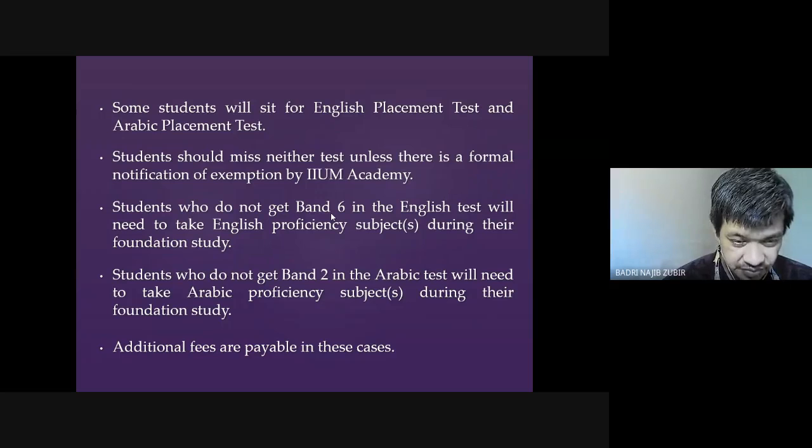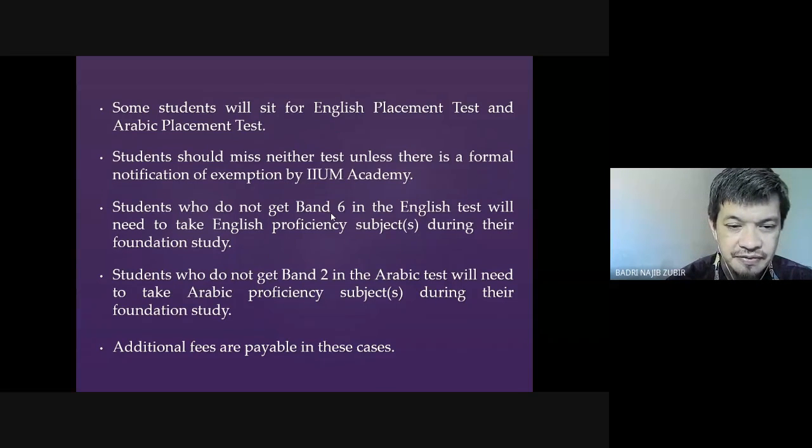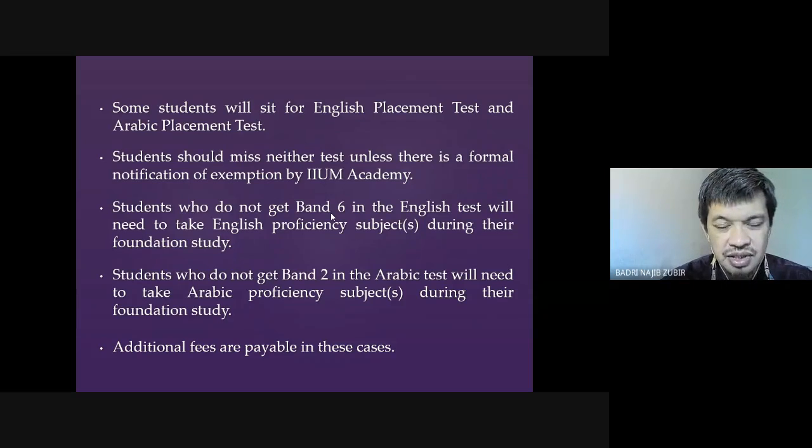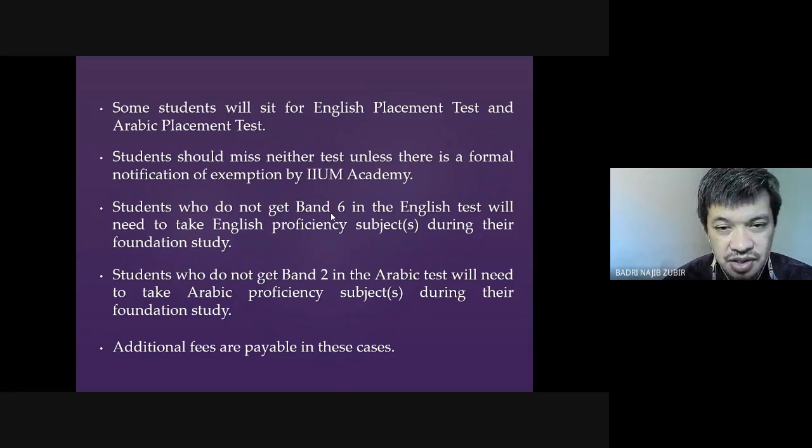Similarly, for Arabic, it's the same. If you take the exam and achieve band 2, that's it, alhamdulillah, no more. You don't have to take any more Arabic during your foundation study. But if you take the test and achieve band 1, it means that you are going to have to take one more level during your foundation study.